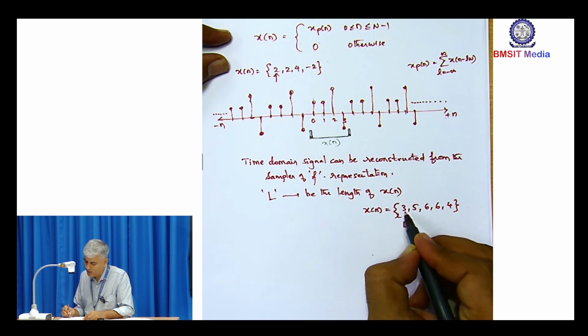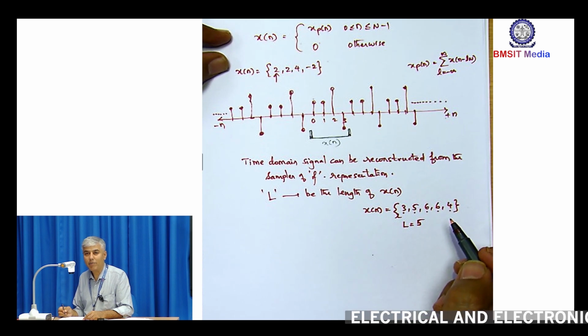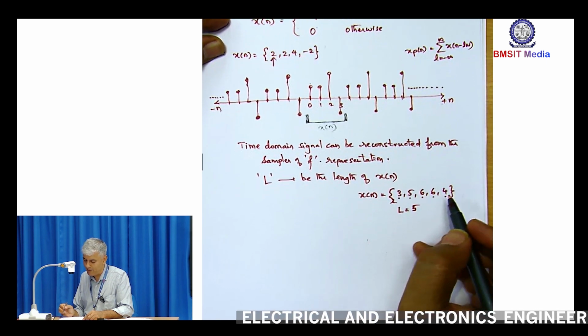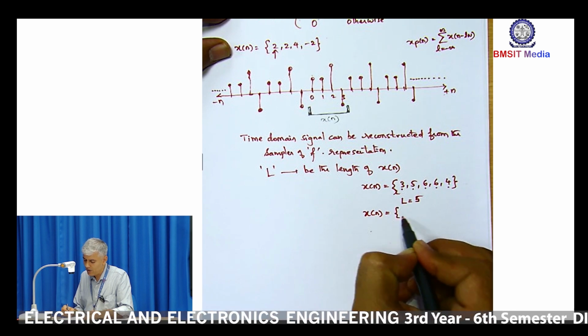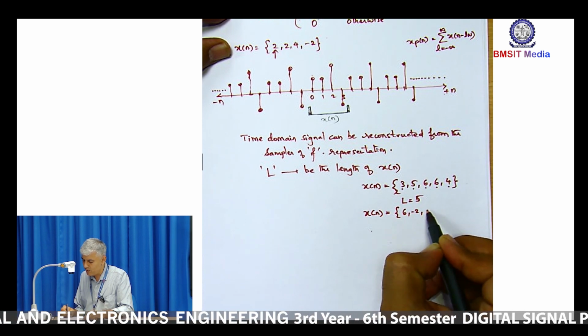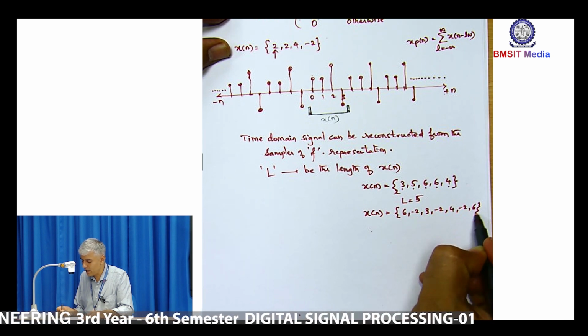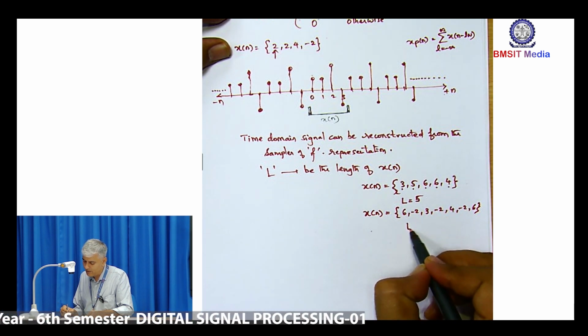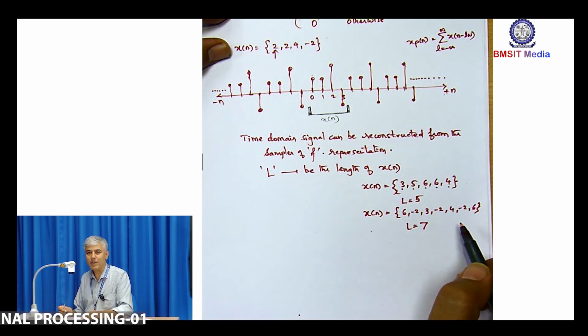Length is 1, 2, 3, 4, 5. So the length of the signal is 5 samples over here, right? Similarly, if I consider x of n equal to 6, minus 2, 3, minus 2, 4, minus 2, 6, correct? So, here length is 1, 2, 3, 4, 5, 6, 7. So, there are 7 samples over here.